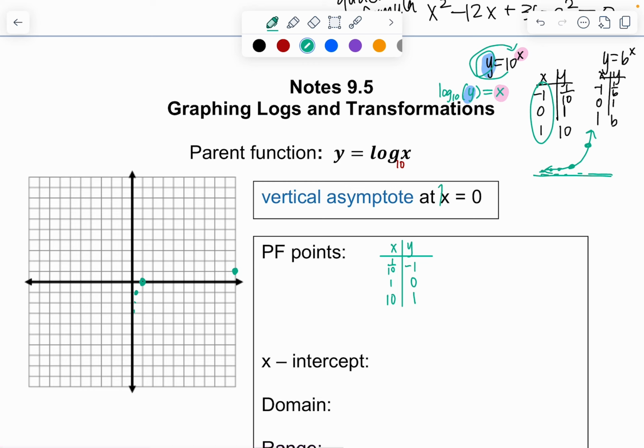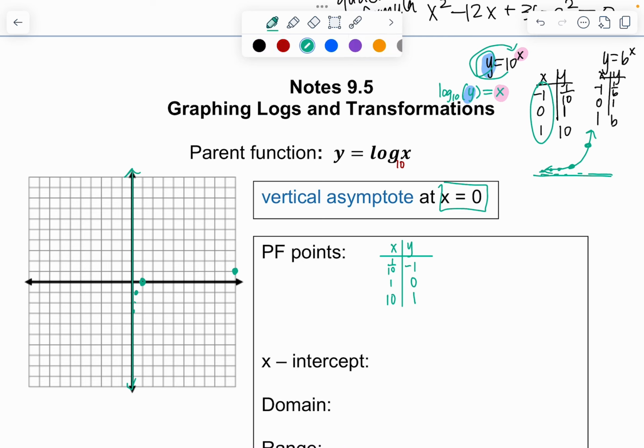And so that's why it says there's a vertical asymptote at x equals 0. This is the x equals 0 line. The y-axis is the x equals 0 line. Just like this is the x equals 1 line, x equals 2 line. And so think of which axis it's crossing when you're writing that equation.